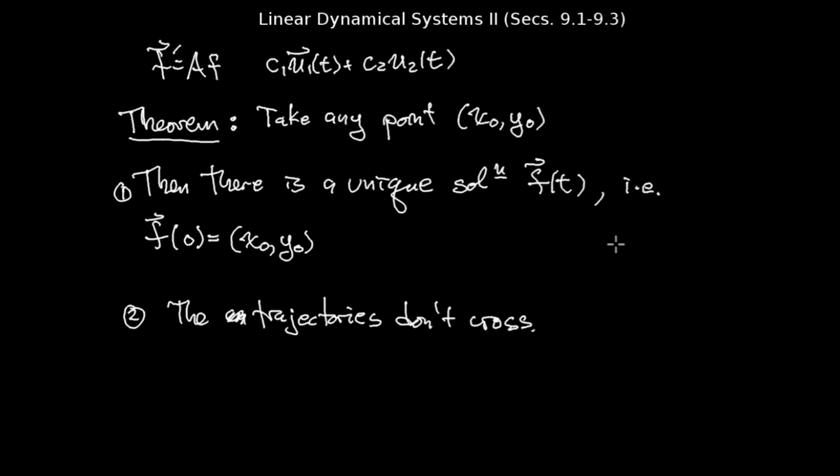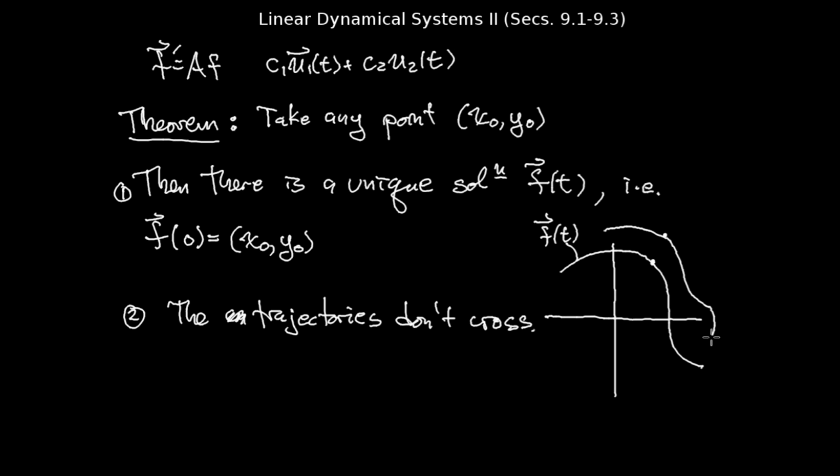So let's just draw a little picture over here. If you give me a point, then there's a unique solution which goes through that point. And this is the curve f(t), which is the solution there. And if I picked a different point, I'd get a different curve. And these curves never intersect.